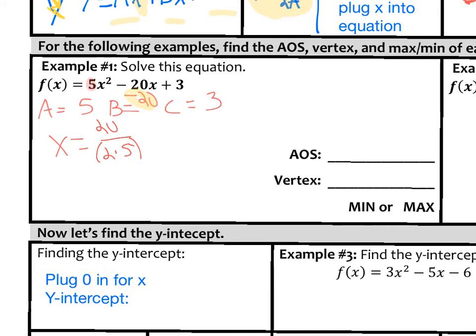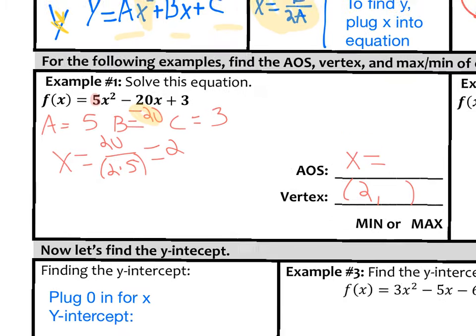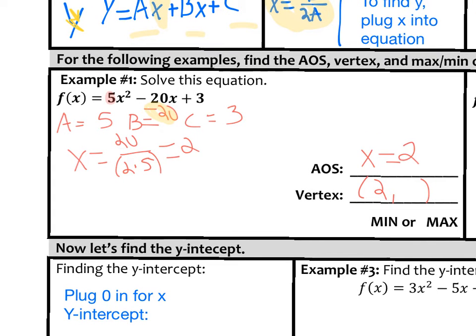In your calculator, that's what you would type, and we get 2. Now that gives us two things: the first number of our vertex, and also our axis of symmetry, x equals 2. I should have gone back: that 5 I highlighted before is a positive 5, so I have a minimum.